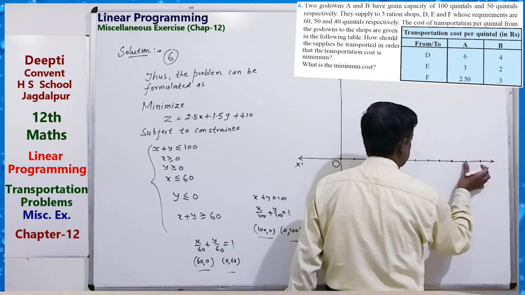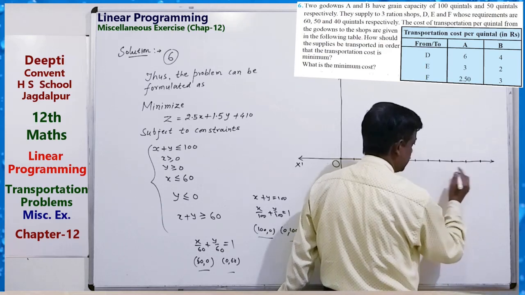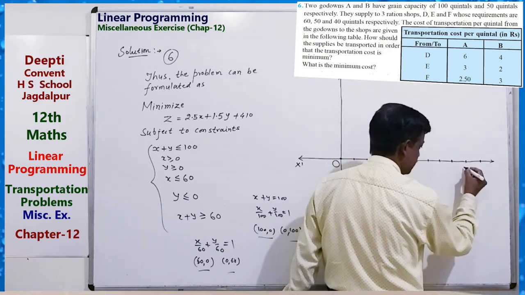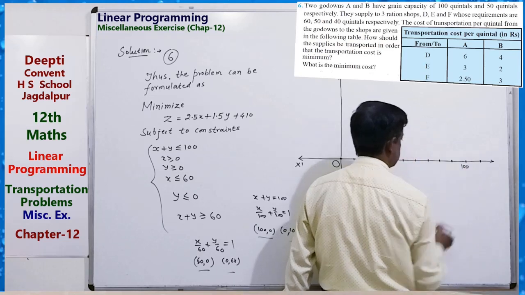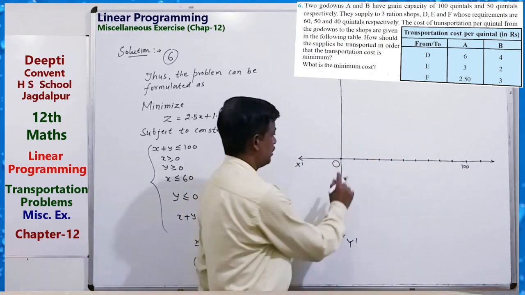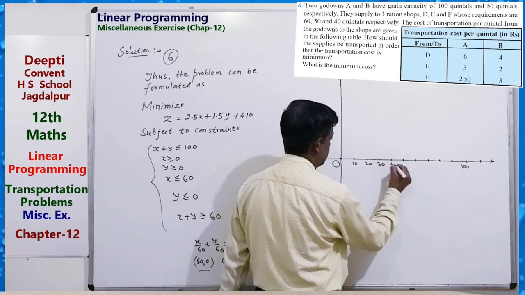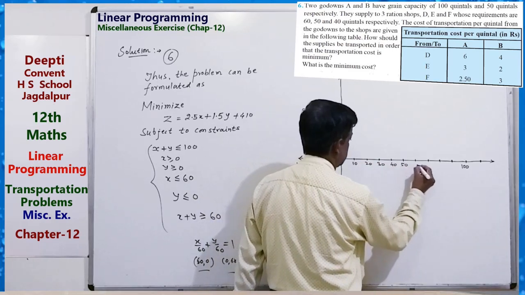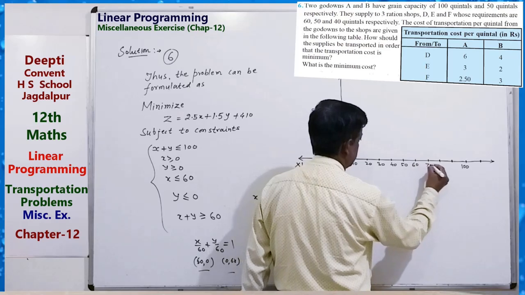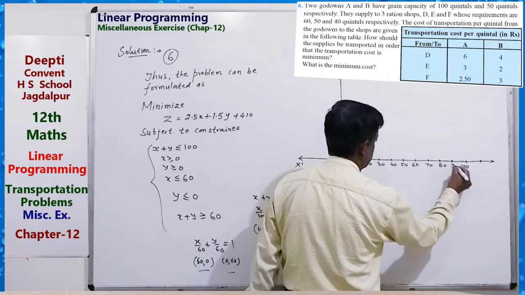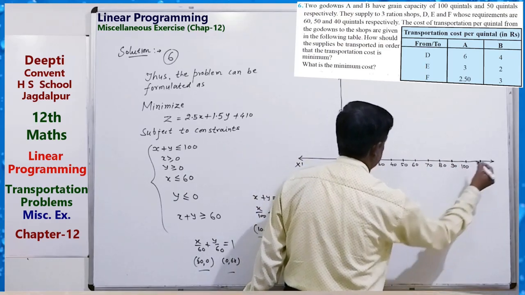So this is 100. Here 10, 20, 30, 40, 50, 60, 70, 80, 90, and this is 100.